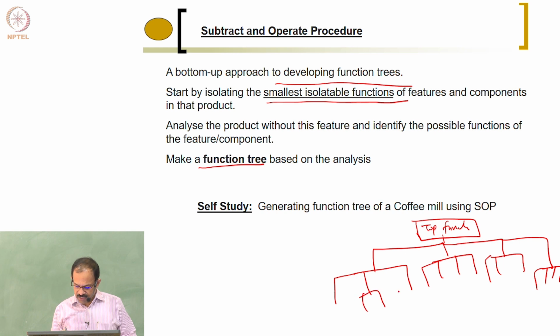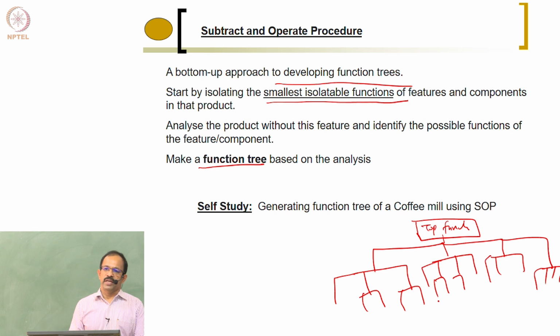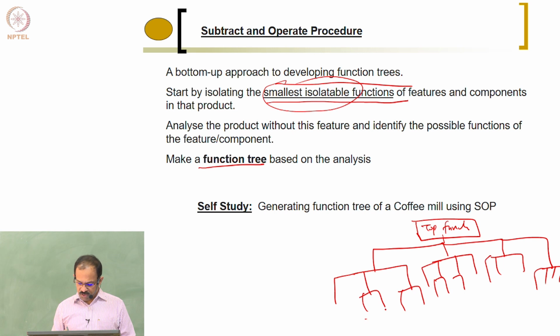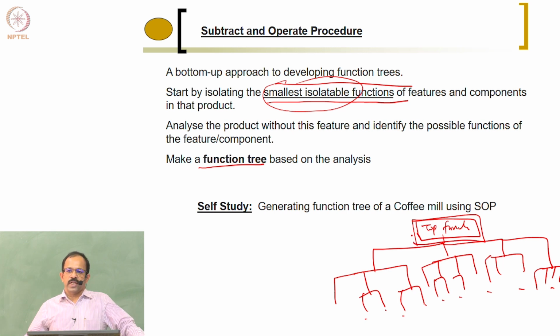And if there is further, you divide this. So this is known as the function tree. By subtracting and operating, you will be able to identify the smallest functions, and those smallest functions will add up here, and you will get it as a function tree. So this is known as the subtract and operate procedure for identifying sub functions.